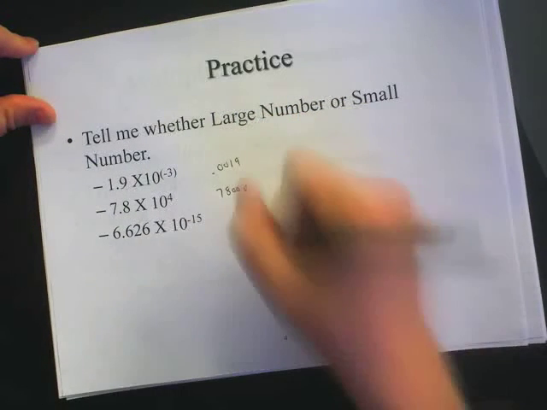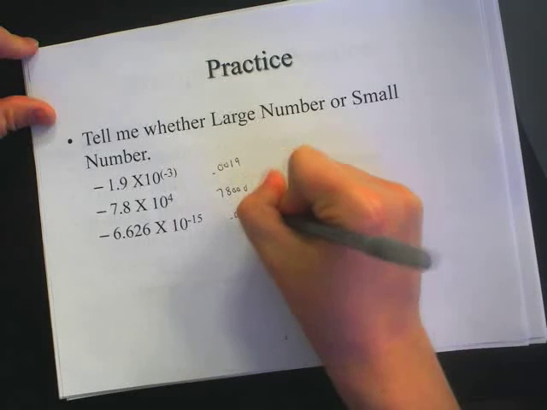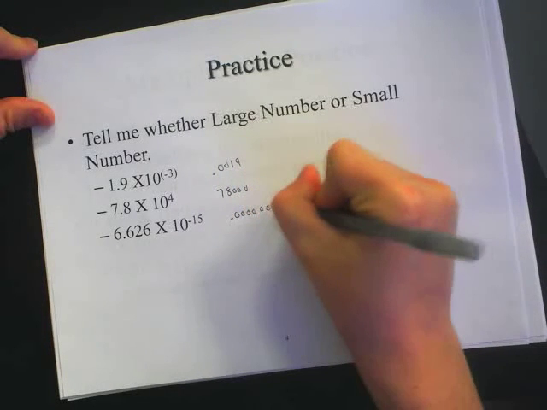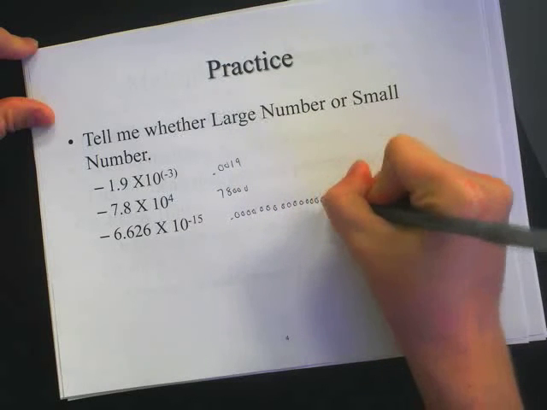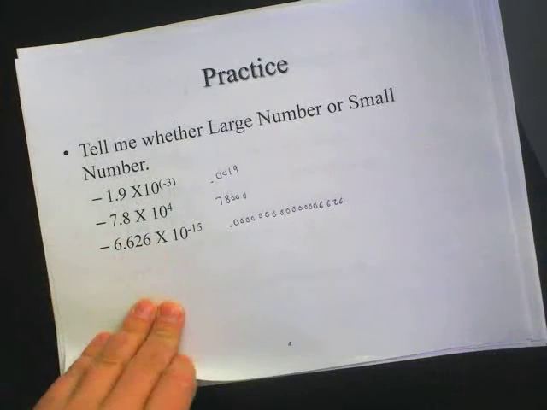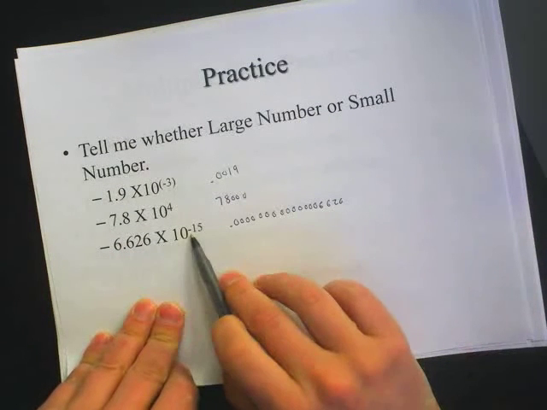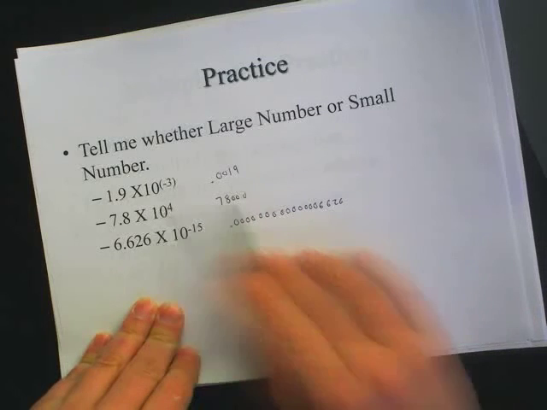This would be 0.02345678891011121314, 15. Okay, so you can kind of see how negative 15 means really small, and negative 3 means small, positive 4 means big. Okay?